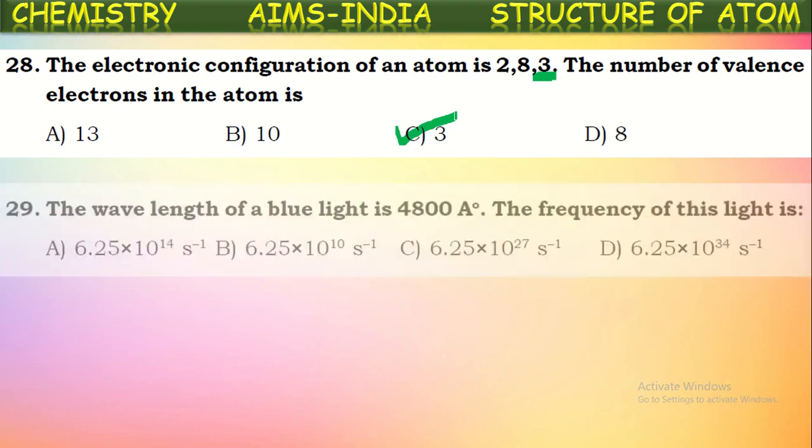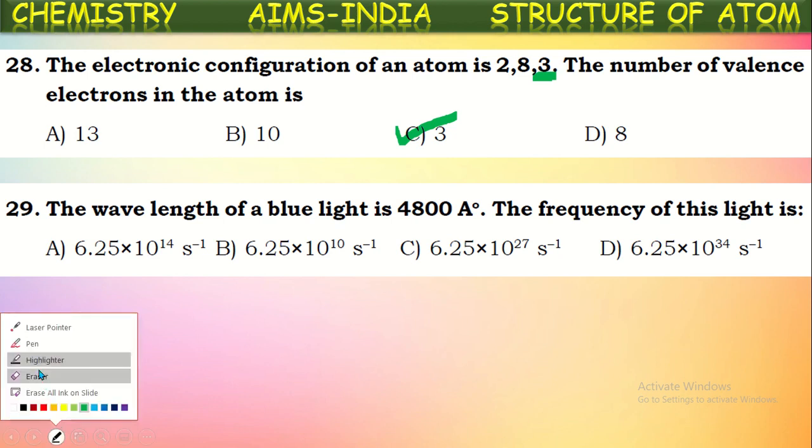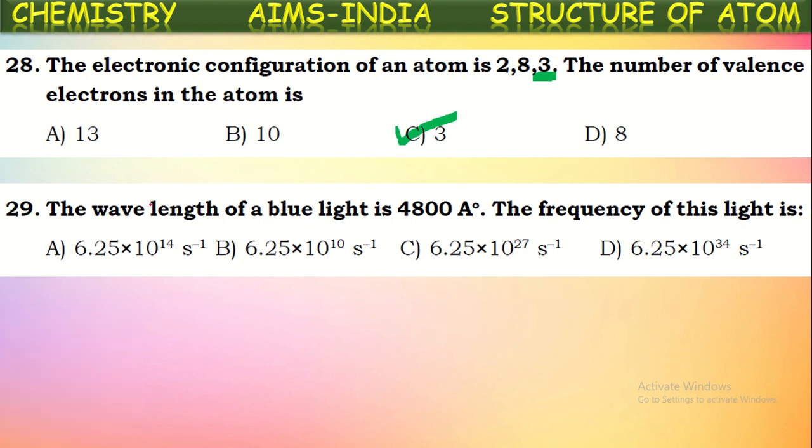Okay. Next, the wavelength of a blue light is 4000 angstroms. The frequency of this light is? How do we find the frequency of light if the wavelength is given? We know the relation between frequency and wavelength, that is, nu is equal to c by lambda.